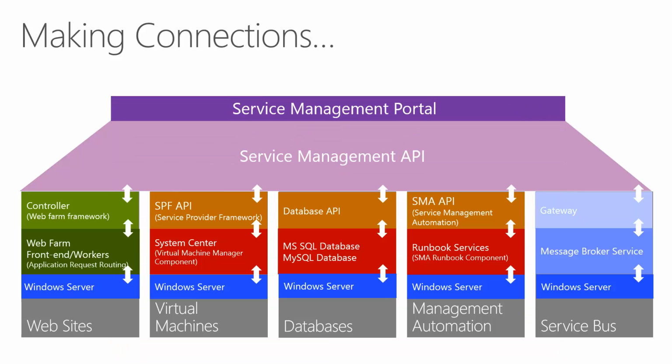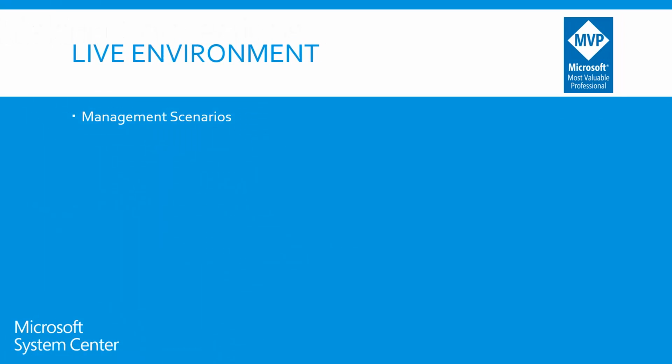And on top of that, we build a brand new portal, delivering a brand new extensible and connection process for our users. So, what we've really looked at over the last 30 minutes is the building blocks that is the Cloud OS, that is Microsoft System Center stack, and that is the enabler for us to deliver lots and lots of different management scenarios.